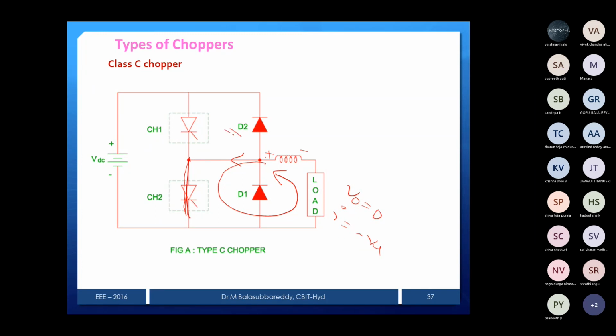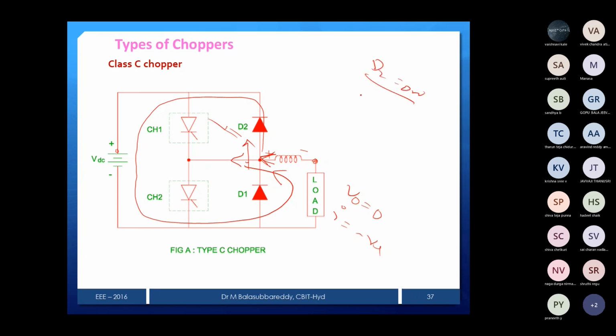Similarly, if diode D2 is on, see that the current goes like this. So it is also opposite. But for voltage, the load is directly connected to the source through diode D2. What is our output? Vout is equal to VDC. Current I is negative.